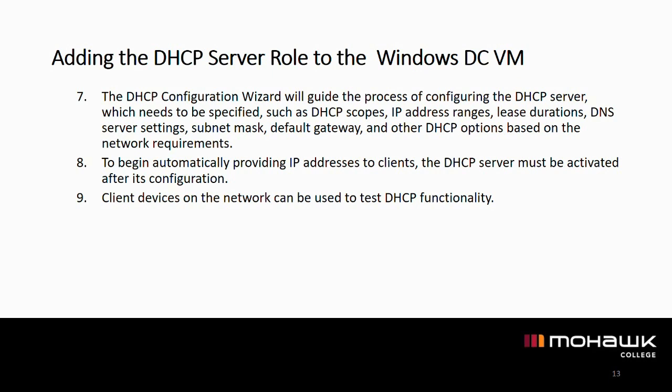To begin automatically providing IP addresses to clients, the DHCP server must be activated after this configuration. Then, client devices on the network can be used to test DHCP functionality.